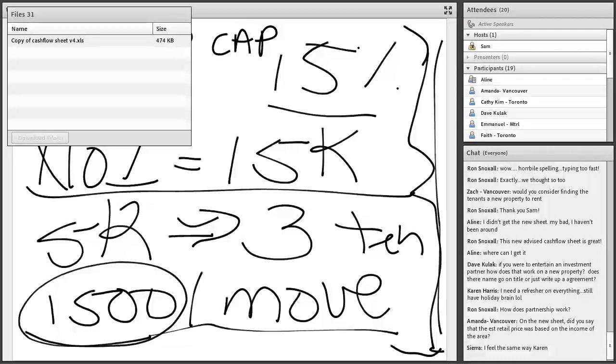When we're looking at a property, typically the property is going to be controlled and owned by a corporation, and the income can be shared through shares of the corporation or a joint venture partnership. So the person's name does not have to be on title.